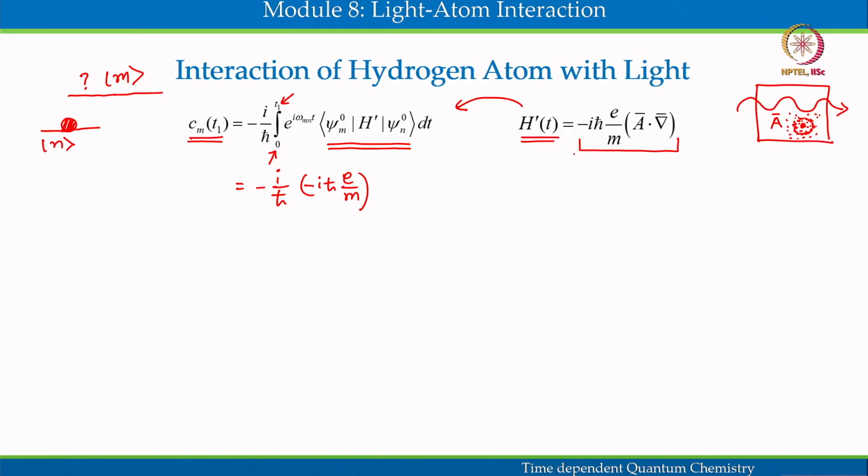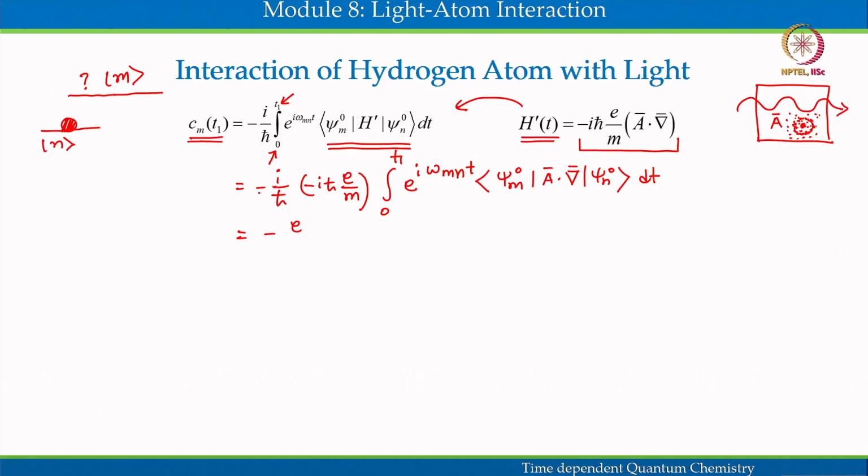So, this part is coming, then the integration from 0 to T1 of e to the power i omega mn t, then this integration of psi m, this dot product, multiplied by psi n 0 dt, which is nothing but minus.